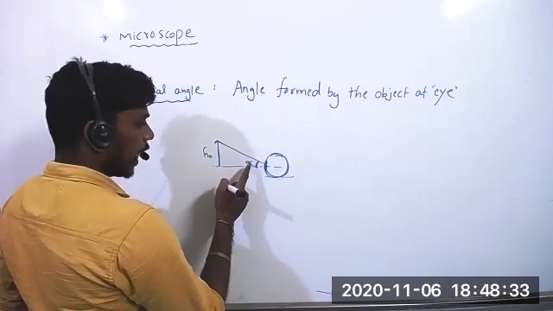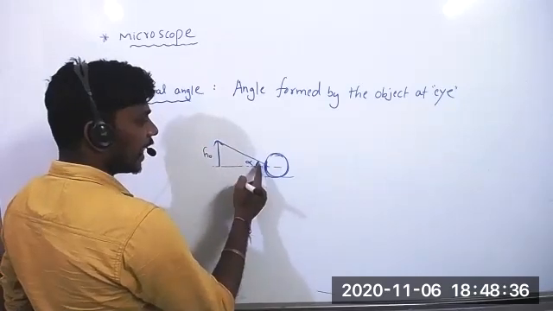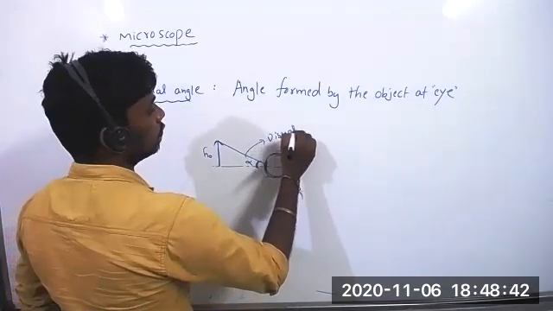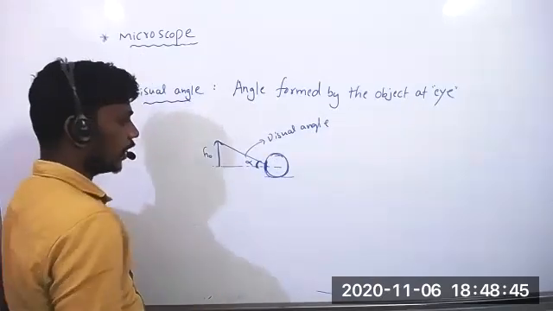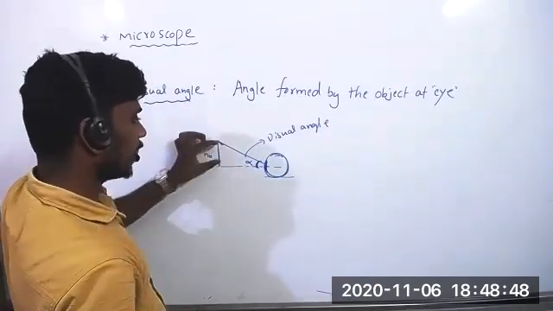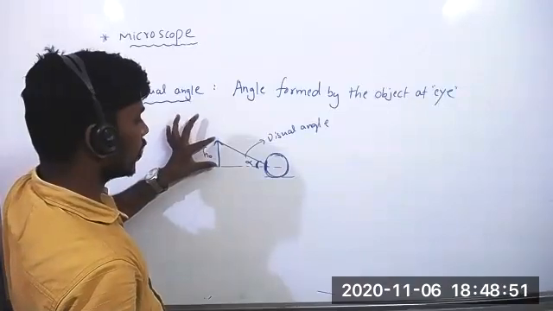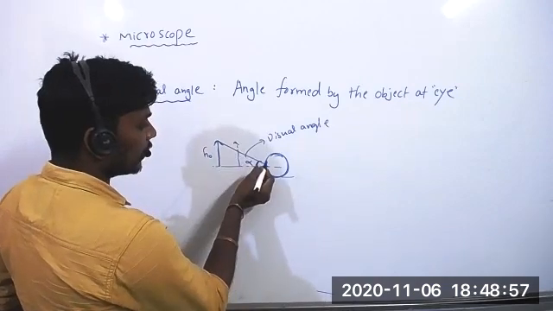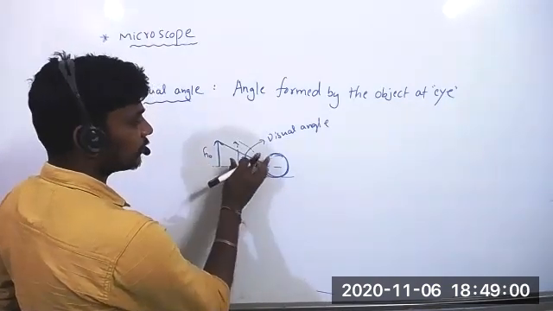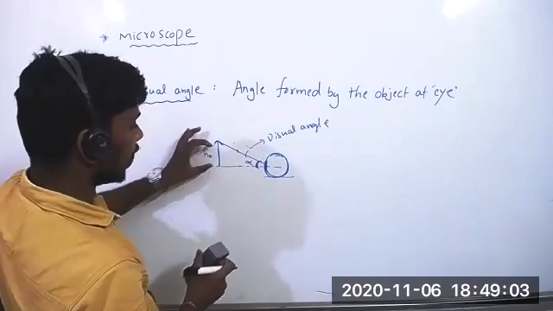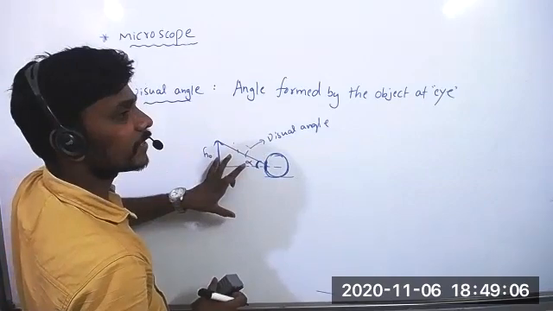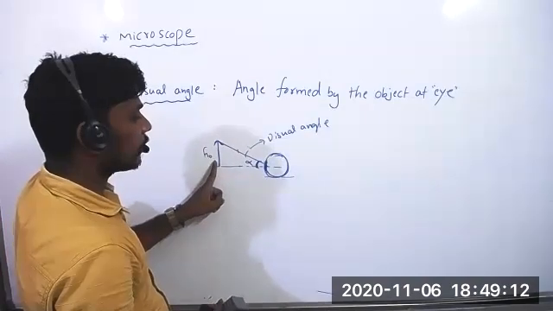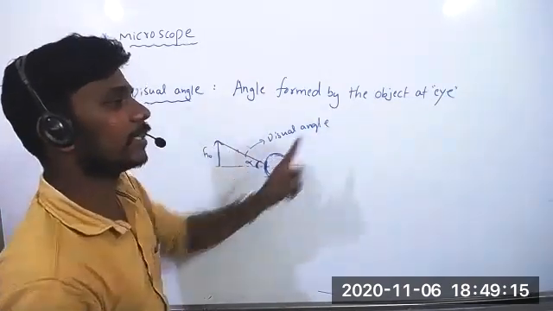So the angle formed by the object at the eye is called visual angle. Now we can increase or decrease this visual angle. How do we know? Suppose if you place this object here, then what will happen? This angle will increase. Otherwise, when you increase the object size, the angle will increase.